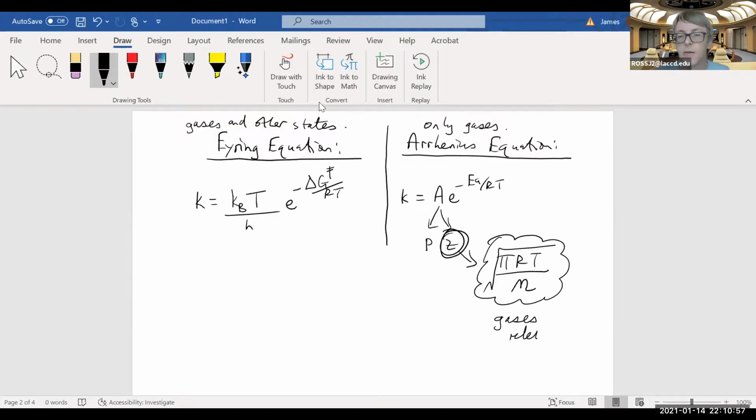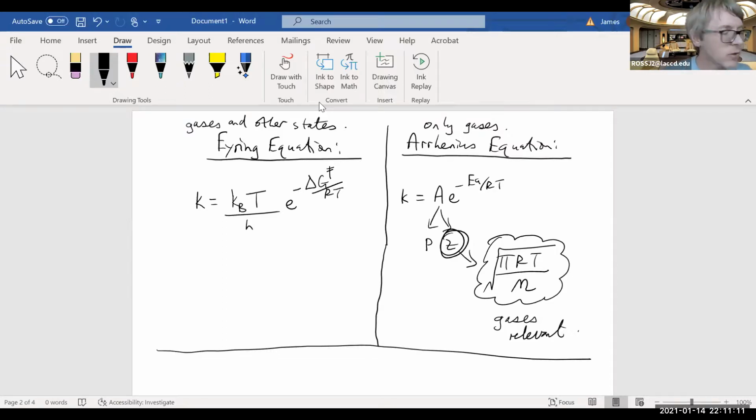Gas is relevant. Okay, the Eyring equation is a bit more robust. It's got other thermodynamic properties in it that make it a bit more versatile. Okay, and the ones I wanted to point out to you are as follows.